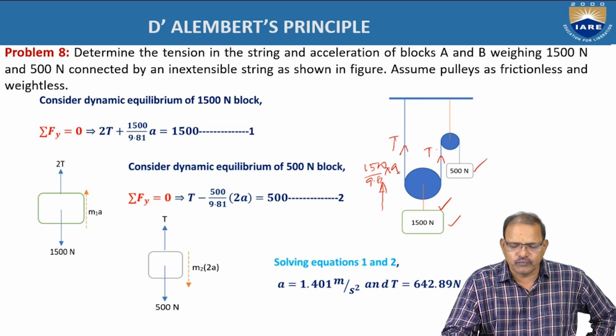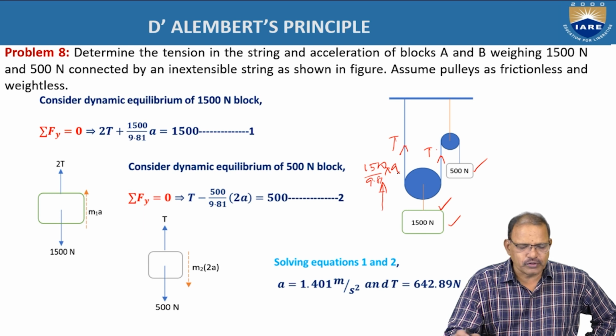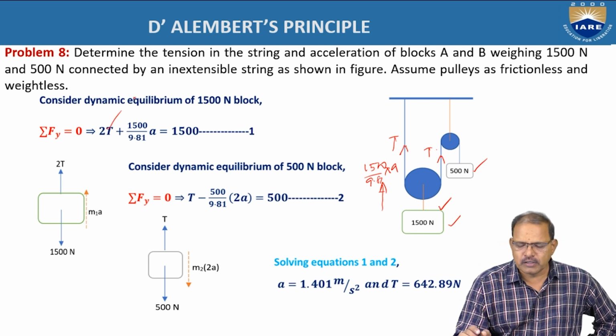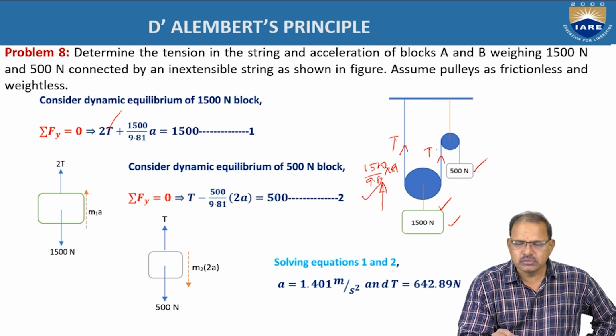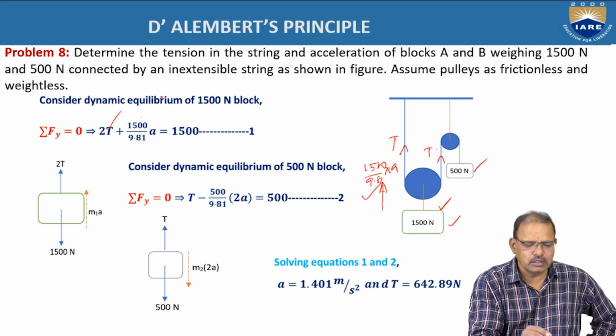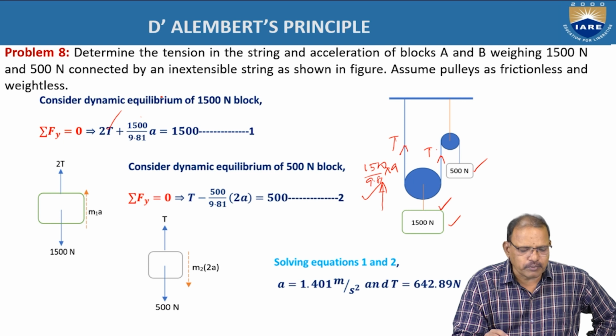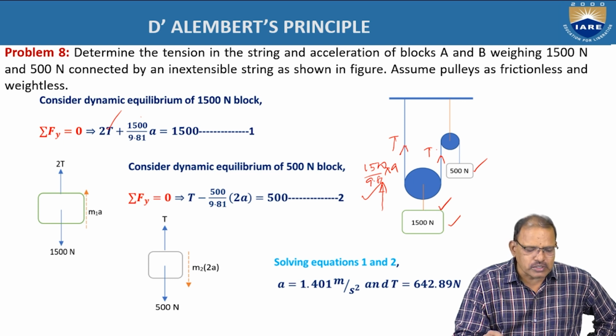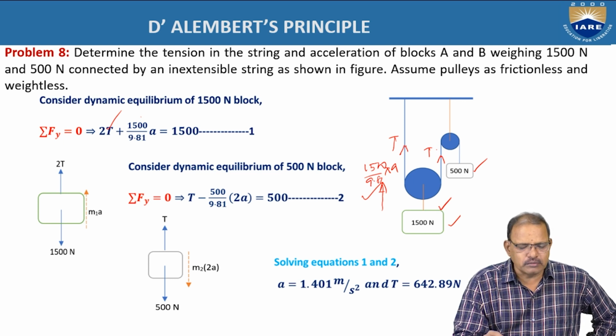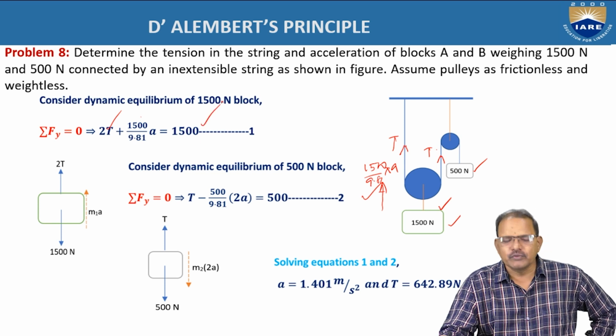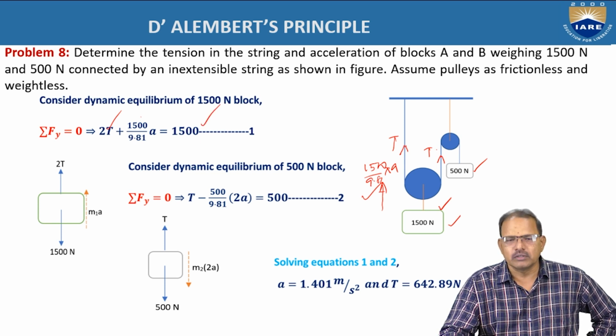That means the sum of the forces is always equal to 0. So upward forces are positive, that is 2T. The inertia force is also acting upward and positive, that is 1500 divided by 9.81 into A, minus 1500, is equal to 0. That is, the sum of the forces acting upward should be equal to the downward.